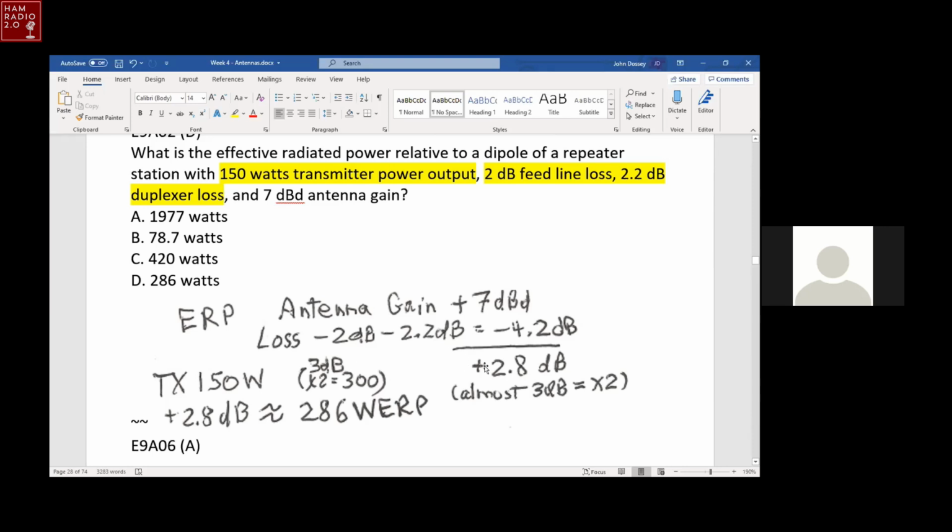Now 2.8 is almost 3. So if it was a 3 dB gain, a 150 watt transmitter would be an ERP of 300 watts, but it's not quite 3 dB gain, it's 2.8. So it's a little bit less than 300. So the answer you pick is 286 watts. See how easy that is? You don't need a calculator.